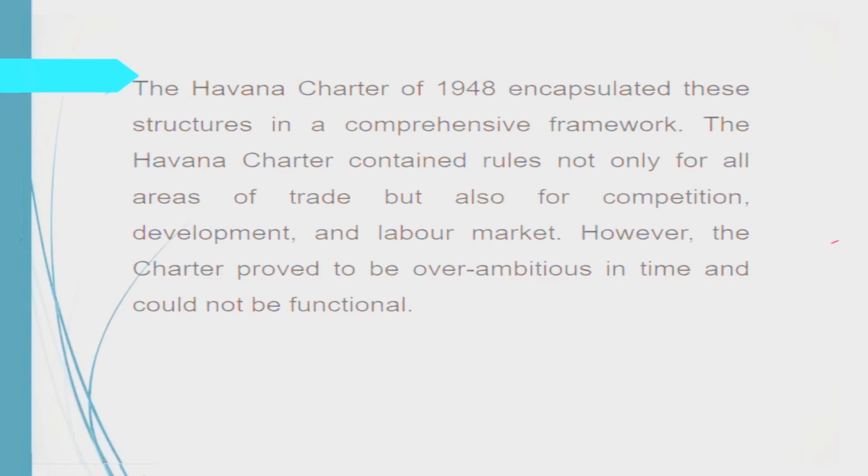However, the charter proved to be overambitious and could not be functional. These ideas seemed very ideal, but they were too early for their time. The politicians or the leaders of the world who initiated these debates could foresee that the best possible things can be achieved by opening up trade, by allowing the labor market from different countries.